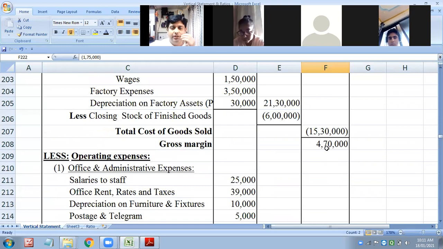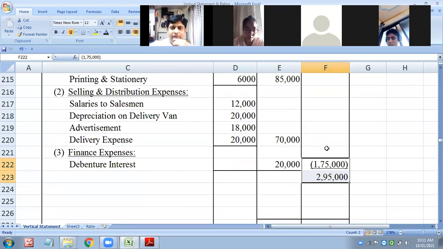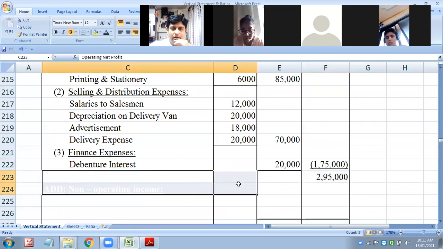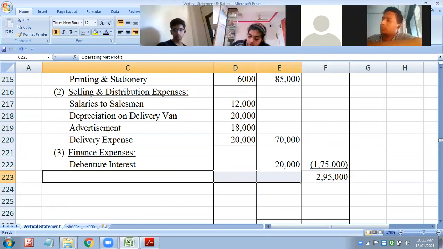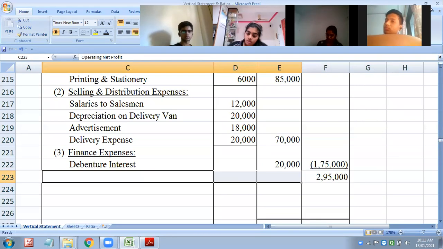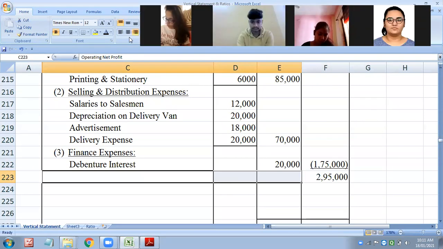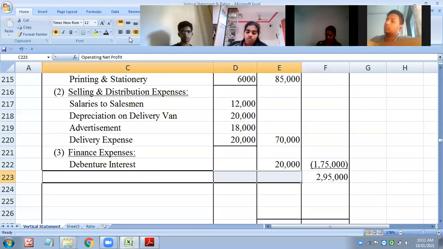So in gross margin of 4,70,000, if I deduct 175, what will I get? 2,95,000. What will it be called? Operating profit. Absolutely right. Now I'm very happy many students have started participating.